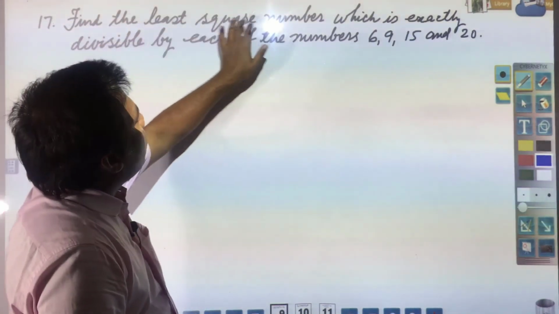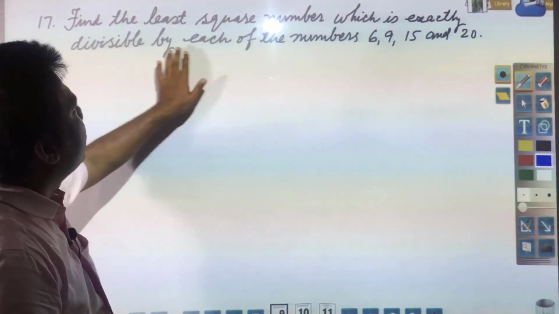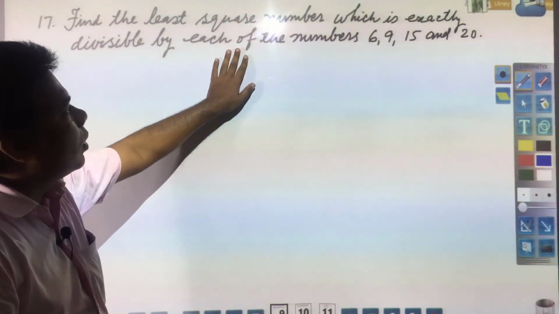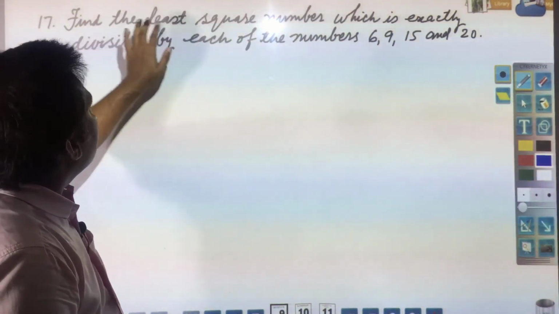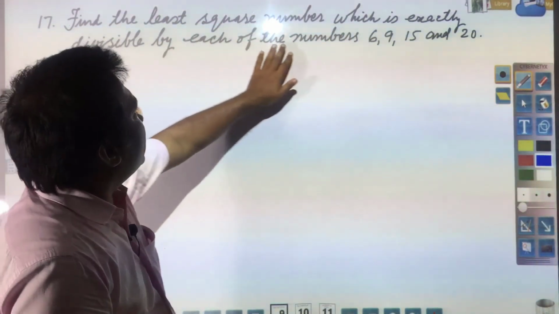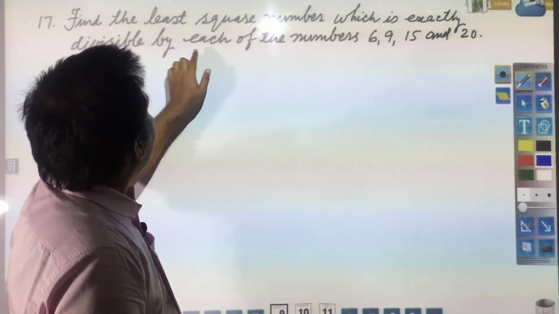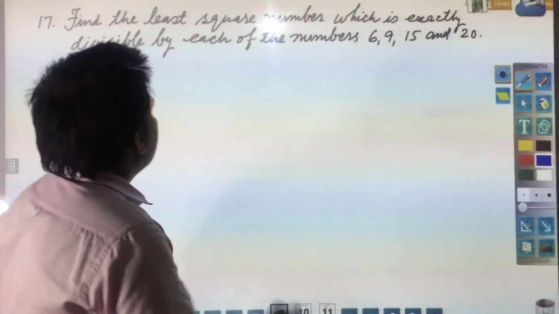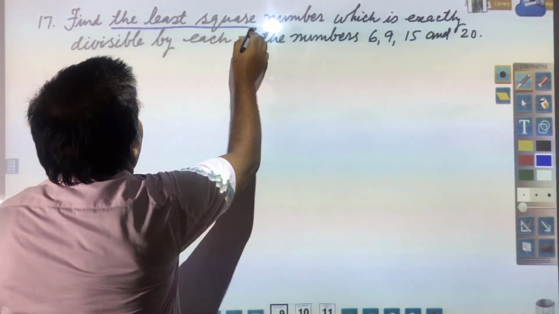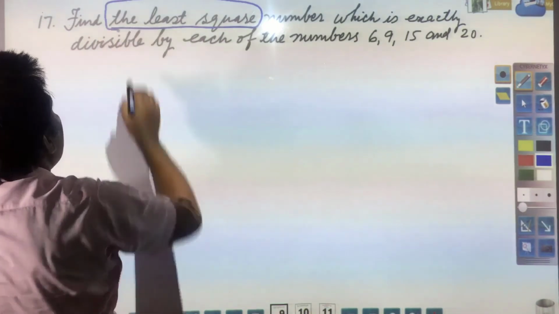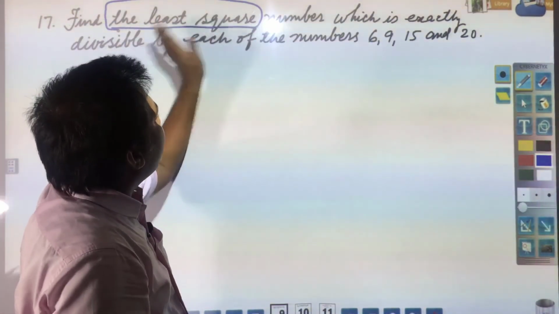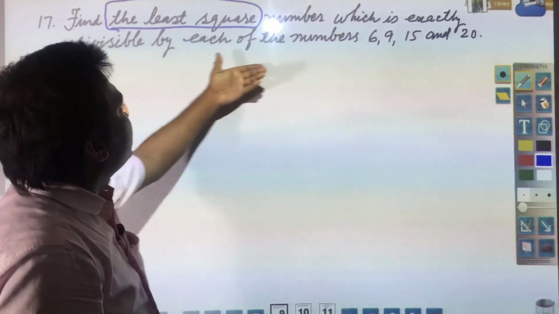Find the least square number which is exactly divisible by each of the numbers 6, 9, 15 and 20. This type of question is very important. Try to understand. Just you see, suppose the word square will not be there, and the question is to find the number which is exactly divisible by each of the numbers.